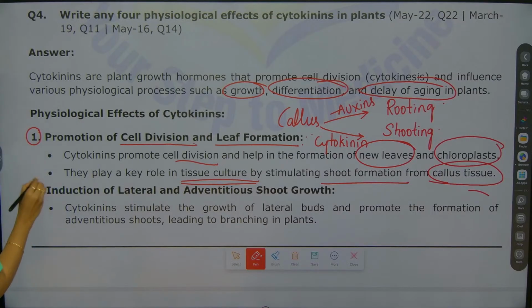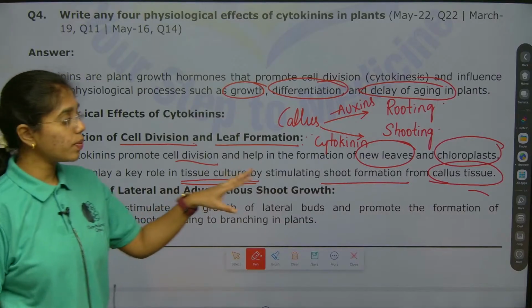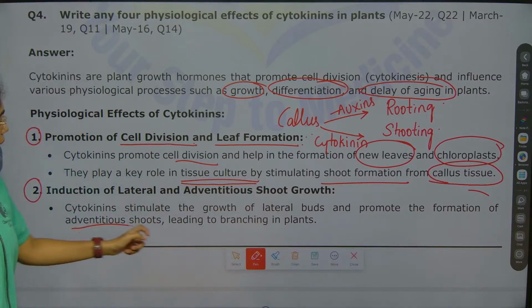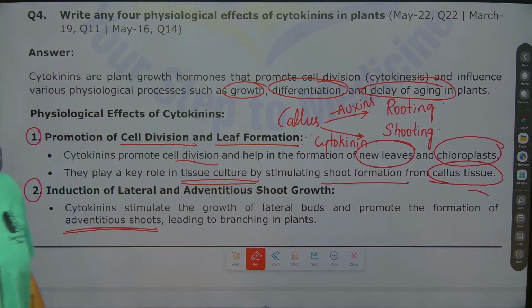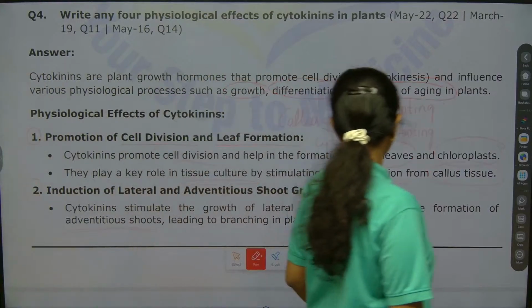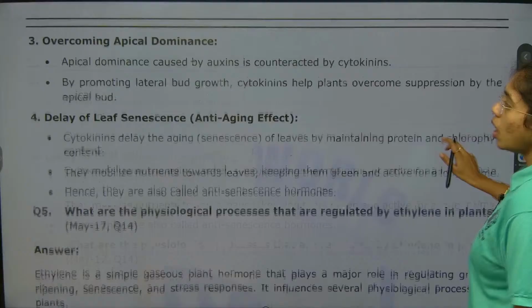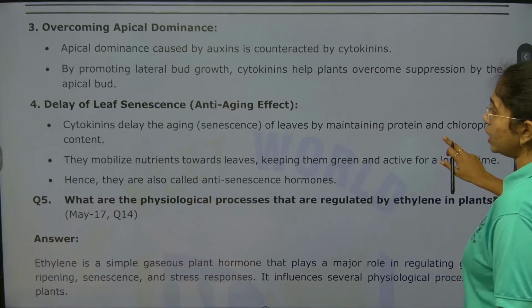Next, induction of lateral and adventitious shoot growth. So cytokinins will stimulate the growth of lateral buds and this will promote the formation of adventitious shoots, leading to branching in plants. Next, overcoming apical dominance.